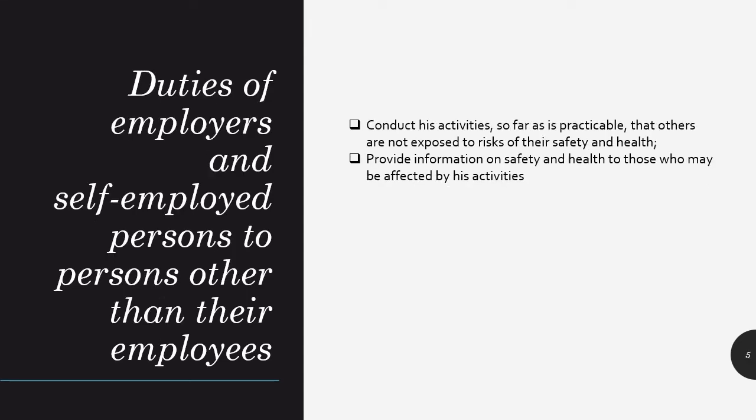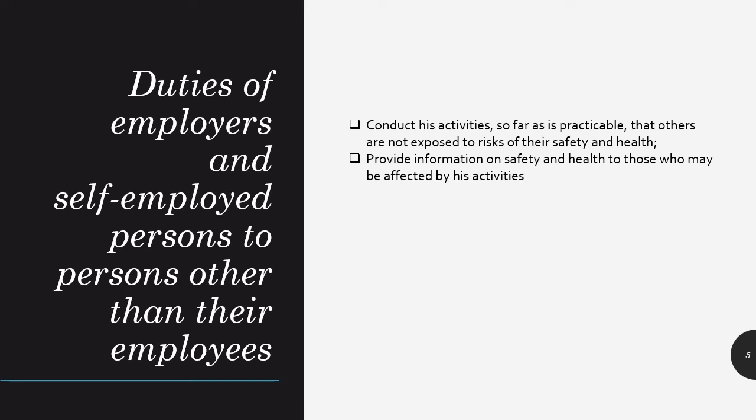In a situation where someone who is not an employee of that particular workplace comes to the workplace, the employers and also the self-employed must make sure that the activities conducted are not exposing the outsider to risks to their safety and health.